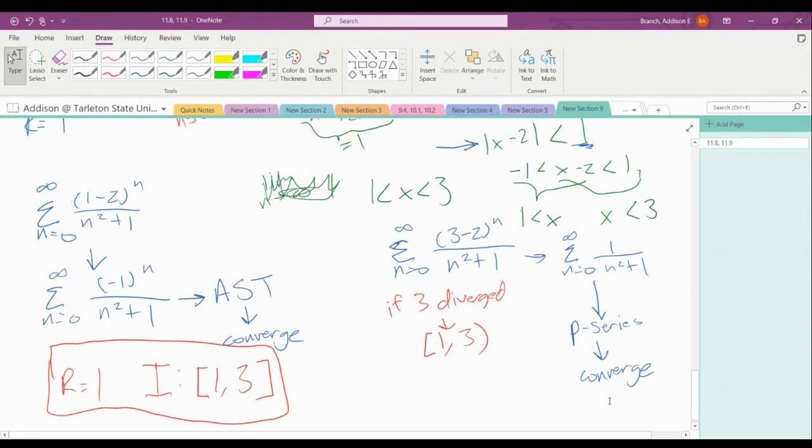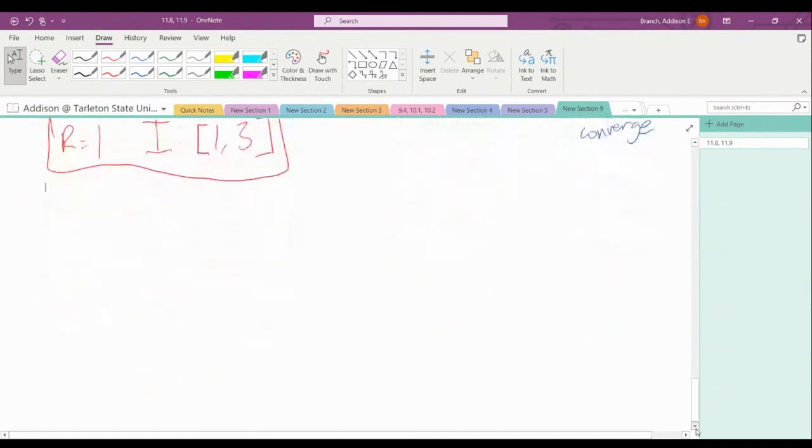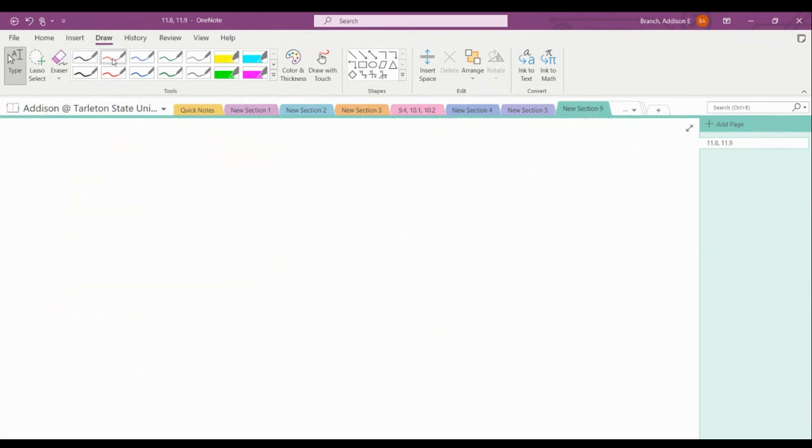All right, so I just have one more example for this section, and then we'll go ahead and move on. So this one we have another series. In this one we have n factorial times 2x minus 1 to the n.